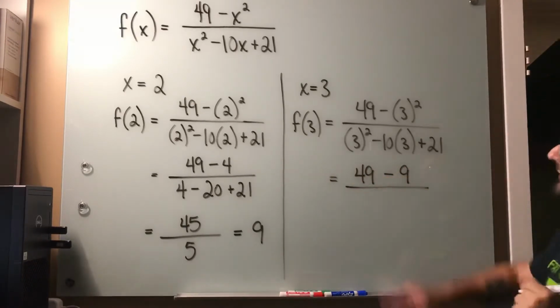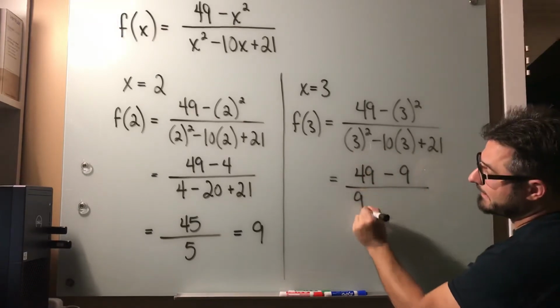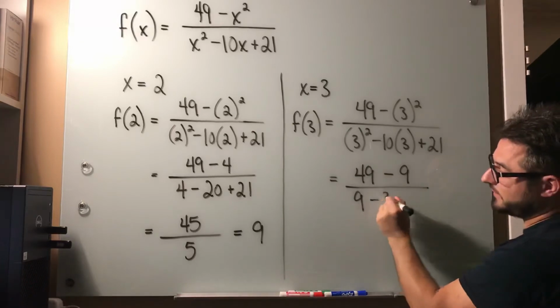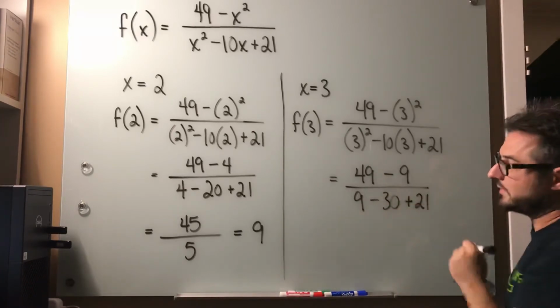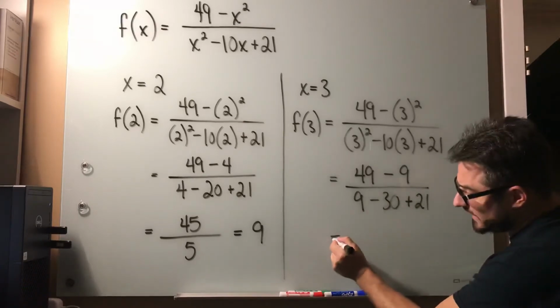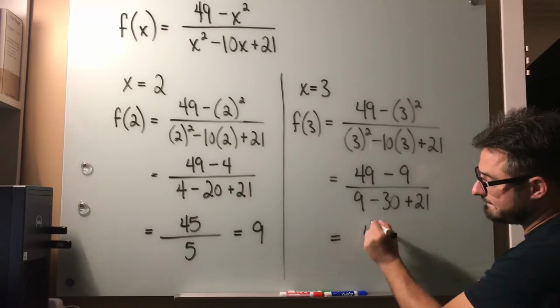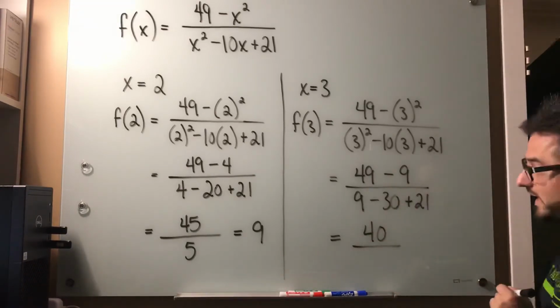In the denominator, we will square the input of 3, multiply 10 times the input of 3, and then there's our plus 21. And then, again, as before, we will subtract in the numerator to finish that up. And in the denominator, we will subtract and add to finish that up.